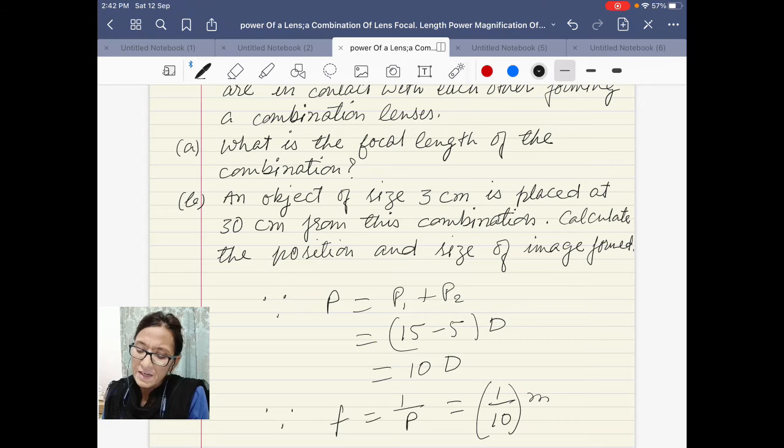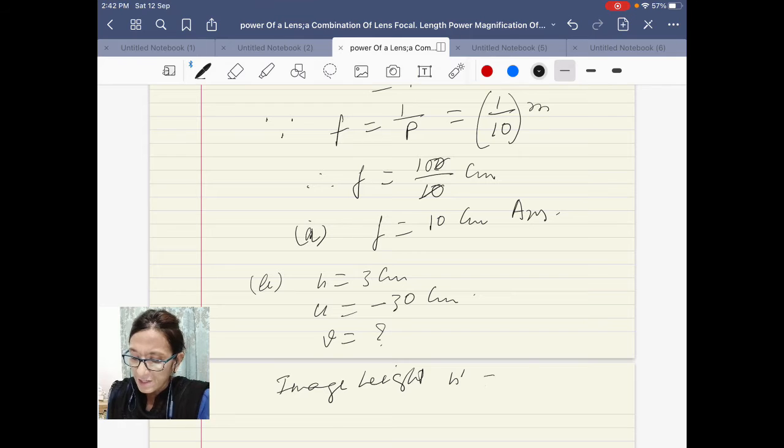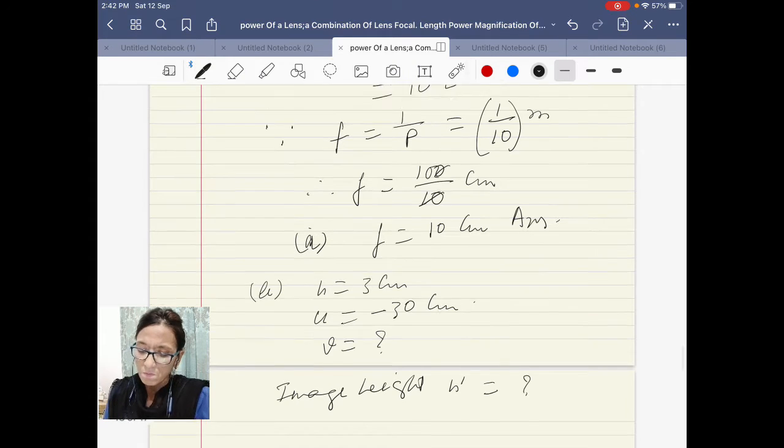Calculate the position and size of the image formed. Now you have to find two quantities here. Image distance V is equal to what? And image height H dash is equal to what?